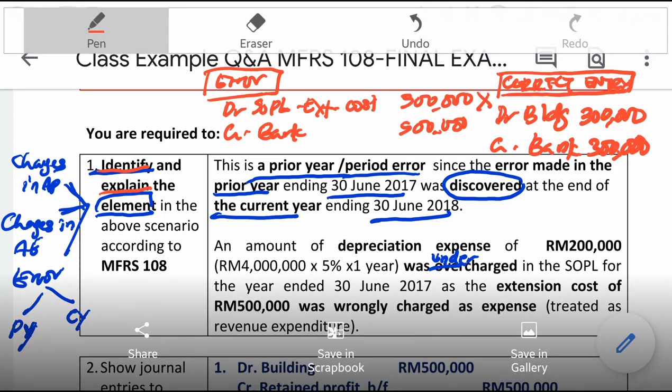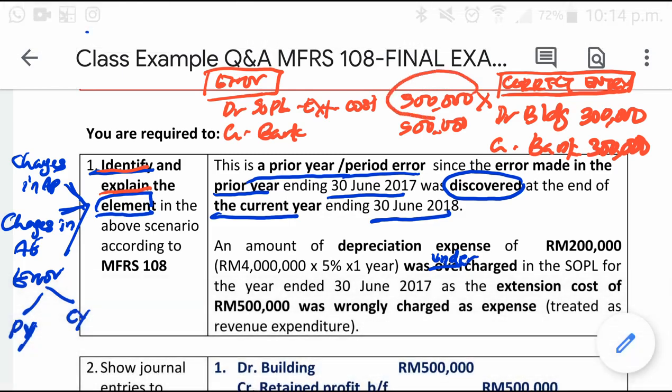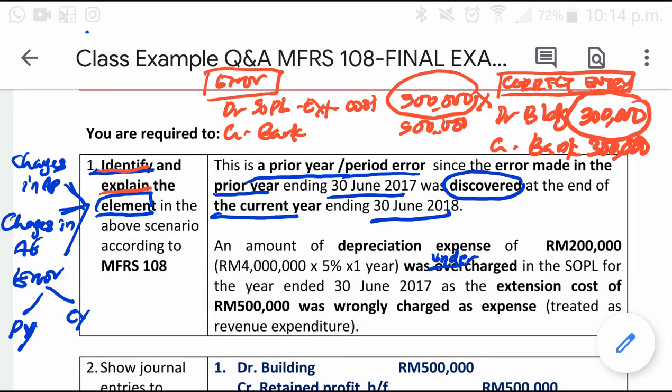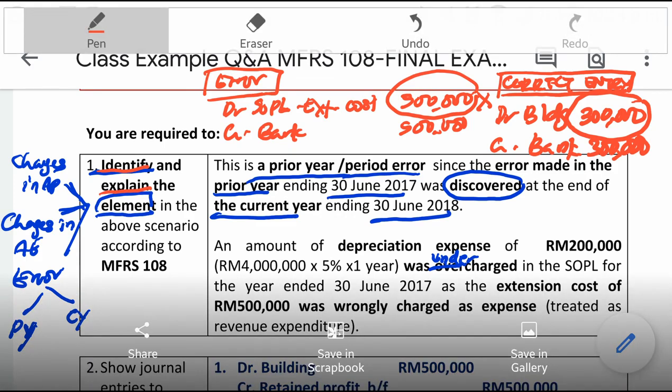However, this cannot be done. What you need to do is remove these expenses, the prior year expenses, and add the extra 300 to your building. Okay, that is what happened. Because of that, your building has been depreciated, and in that particular year the depreciation expense has also been undercharged in the SOPL, because it has not been provided enough.